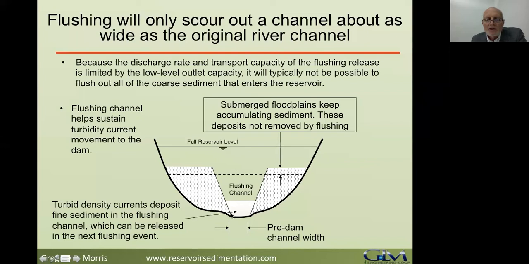The flushing channel is what you can sustain through flushing, but the submerged floodplain, when you fill the reservoir, will continue to accumulate sediment, but at a much, much lower rate, because remember, your turbidity currents will run into the flushing channel, so most of your sediment will continue to be sedimented here, and your sedimentation rate on these off-channel areas will be greatly reduced.